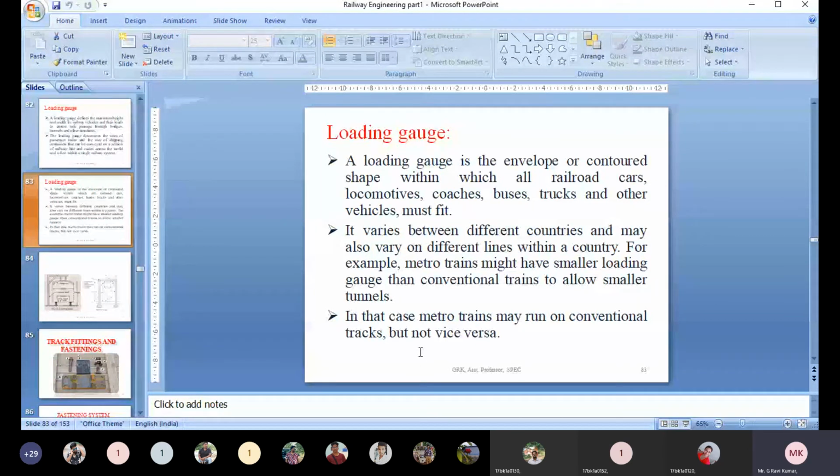If the loading gauge is provided for ordinary trains, metro trains can pass through. But if the loading gauge is provided for metro trains only, the ordinary trains may not pass, because the dimensions of metro trains and ordinary trains may be different. So the recommended dimensions provided for manufacturing of trains is called the loading gauge.